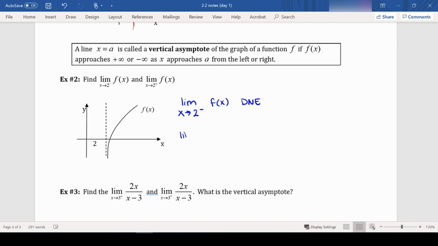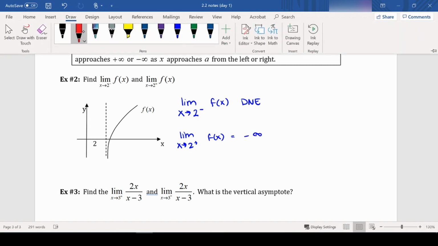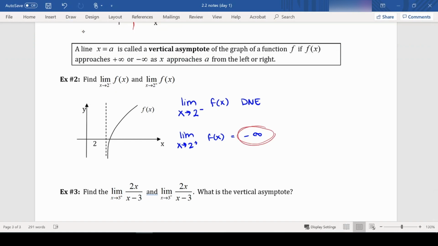And the limit as x approaches 2 from the right would be negative infinity. So they do not both have to approach the same thing. This one approaches negative infinity, and so therefore we have a vertical asymptote at x equals 2. So it does not have to be overall, left or right.